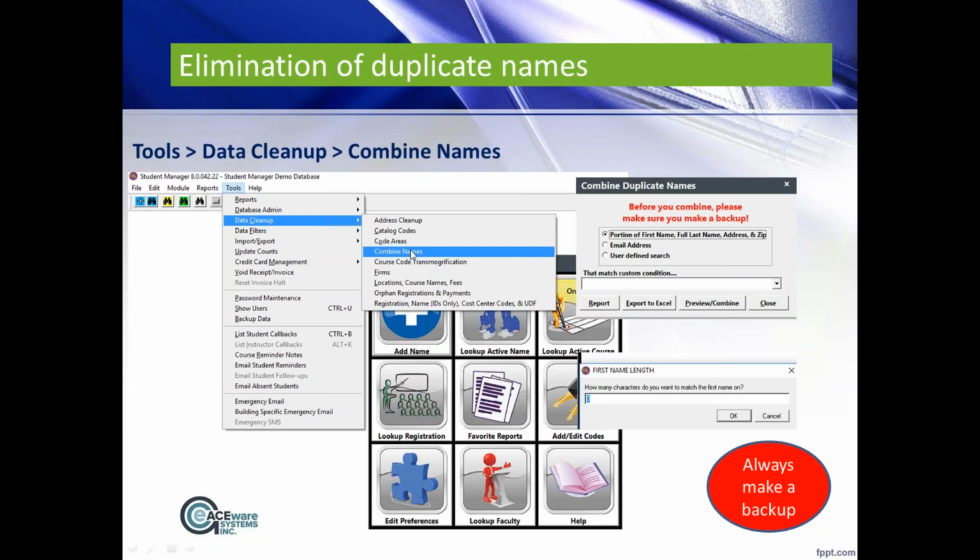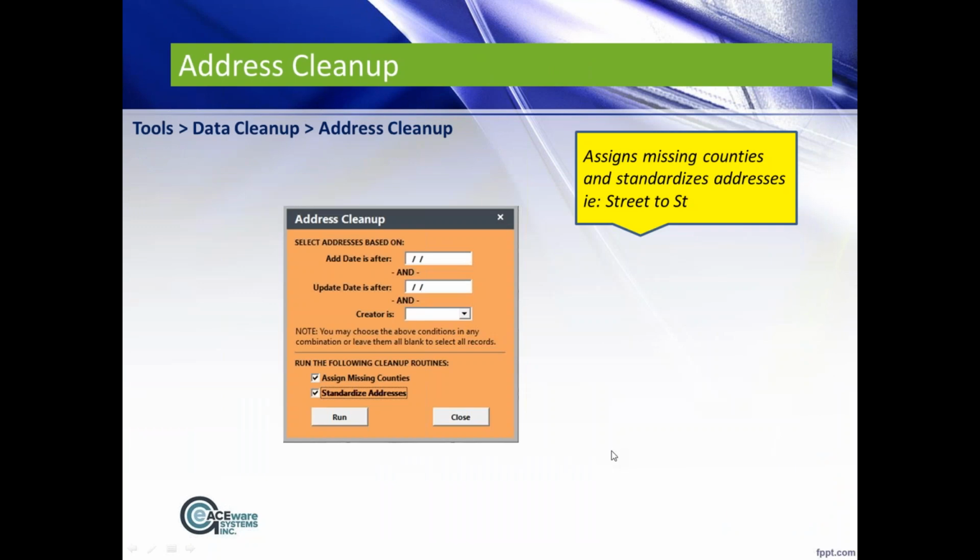So, all right. So we've done the combined name routine. One of the other tools is address cleanup. And again, a couple of things on that. Number one is assigning missing counties, if you like to track the county of the student. The other is standardizing addresses.